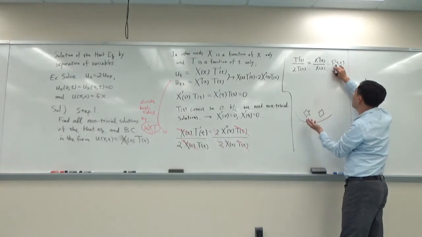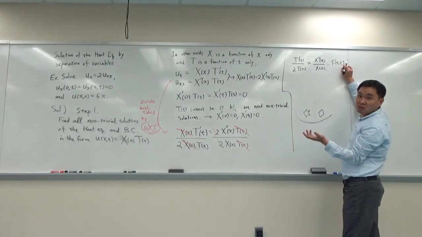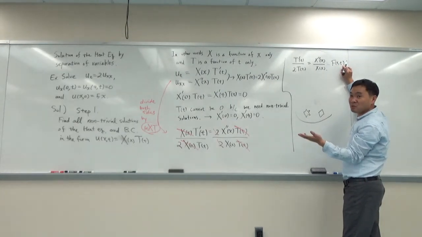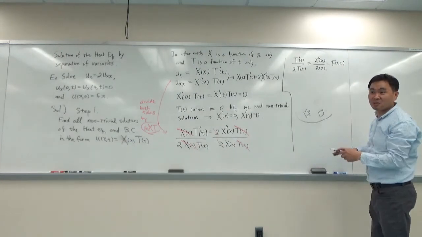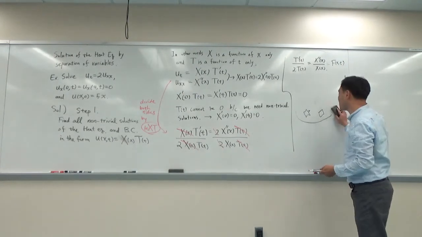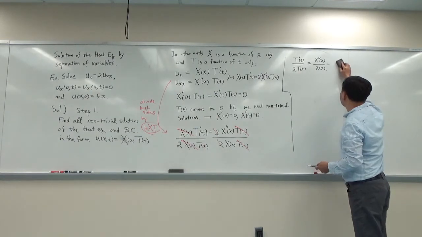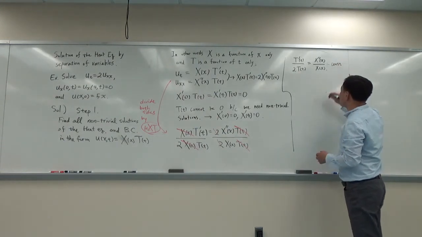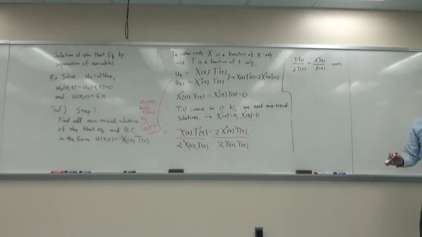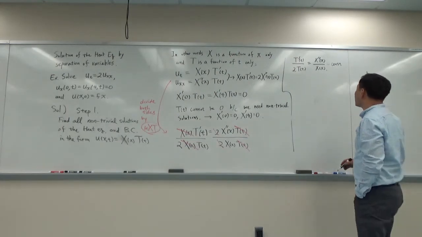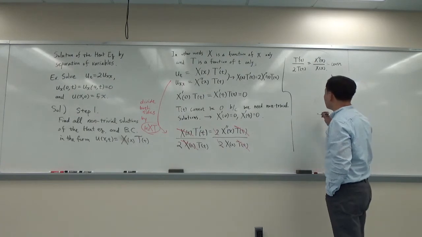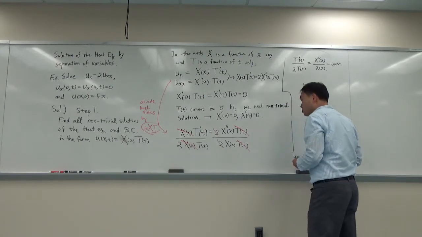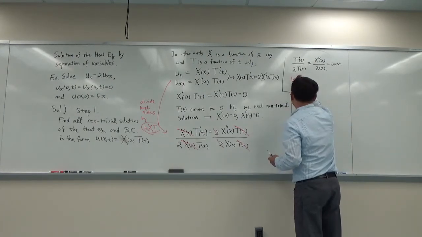So if a function of x and t doesn't change its value when you change the value of x or t, what is that? Constant. So that's the argument. That's the hardest argument here, but the rest of it follows from everything that we learned so far.